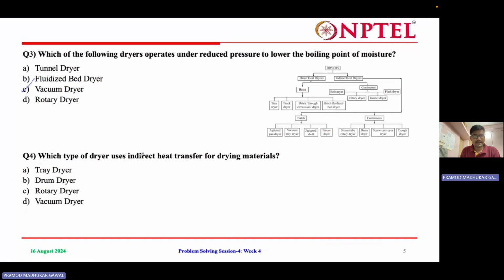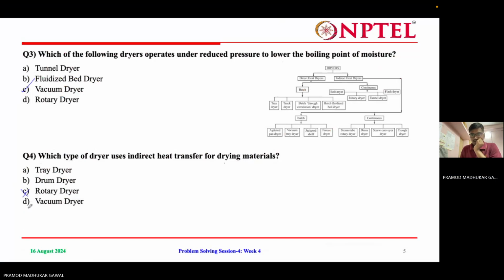Question 4: which type of dryer uses indirect heat transfer for drying materials? So here you can see that flow chart. Based on that you select. Which type is indirect: drum dryers, rotary dryers? Rotary dryer comes into the direct ones, so this is not it.